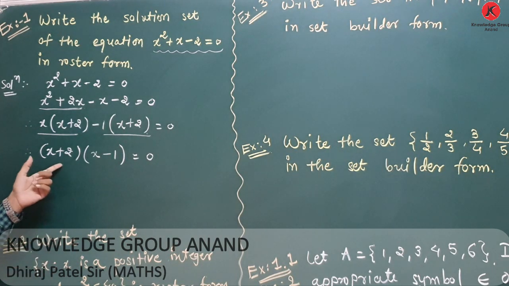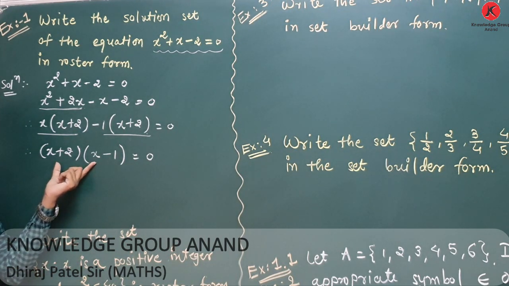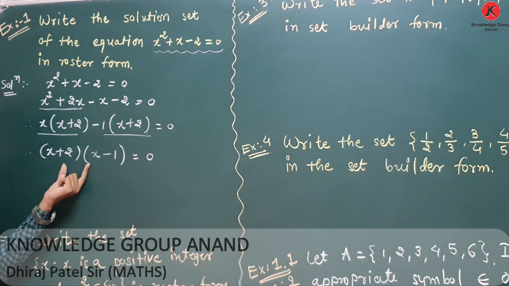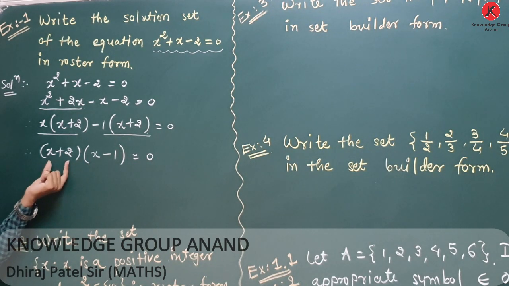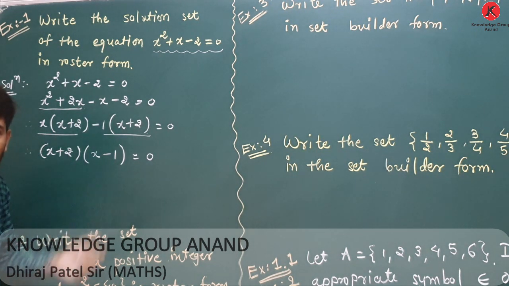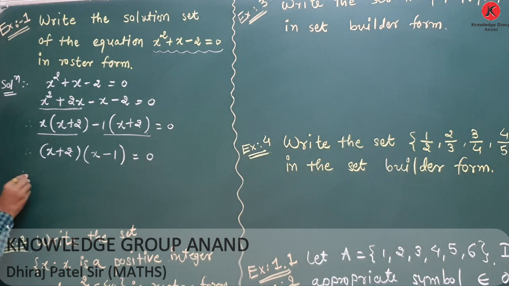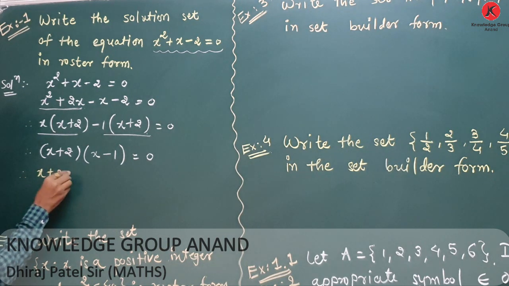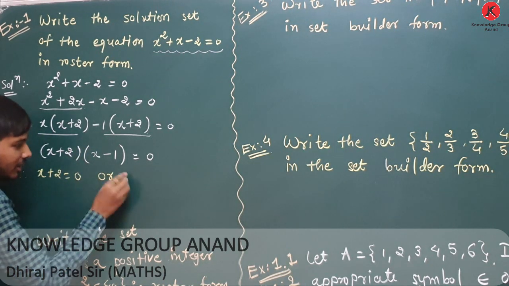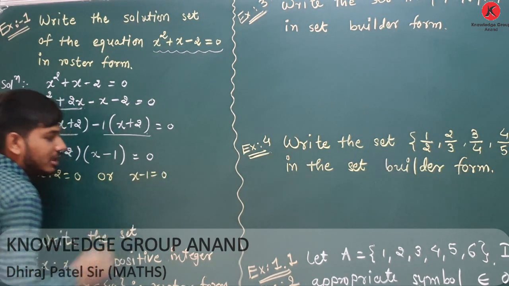Now, you know that if the multiplication of any numbers equals 0, that means one of them will be 0. Or we can say that this one equals 0 or this one equals 0. Therefore, we can write x plus 2 equals 0 or x minus 1 equals 0.